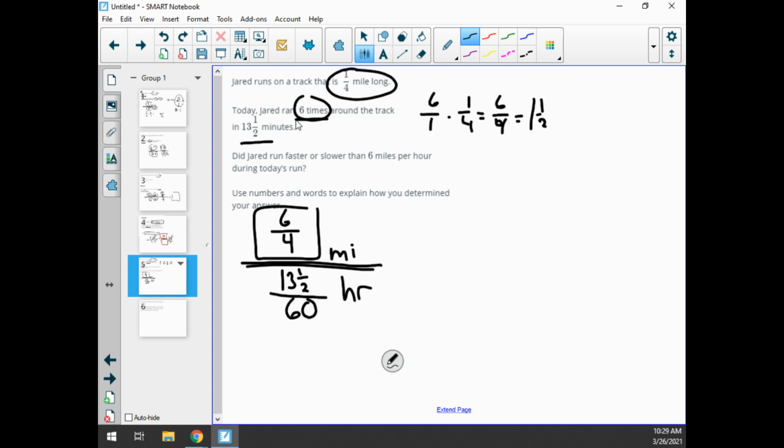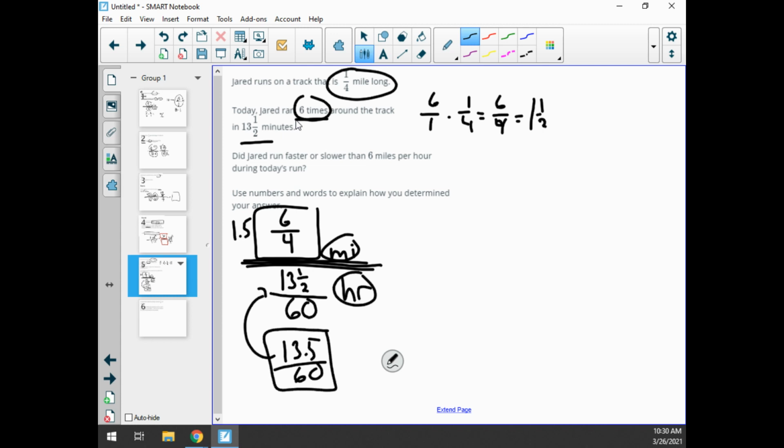What I might do is just divide 13.5 by 60 and figure out a decimal that could go there. I would turn this into a decimal, maybe 1.5, and divide those two numbers to figure out the miles per hour. So you can type this into a calculator and put that in the denominator. You can put this in the numerator, and you can divide those two numbers to figure out how many miles per hour he actually went.